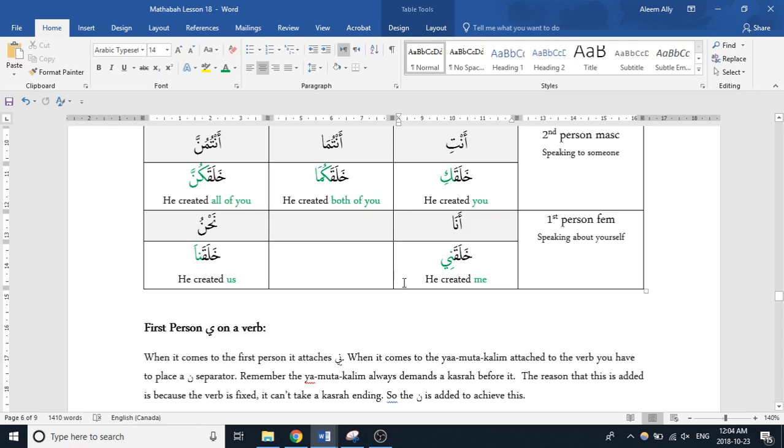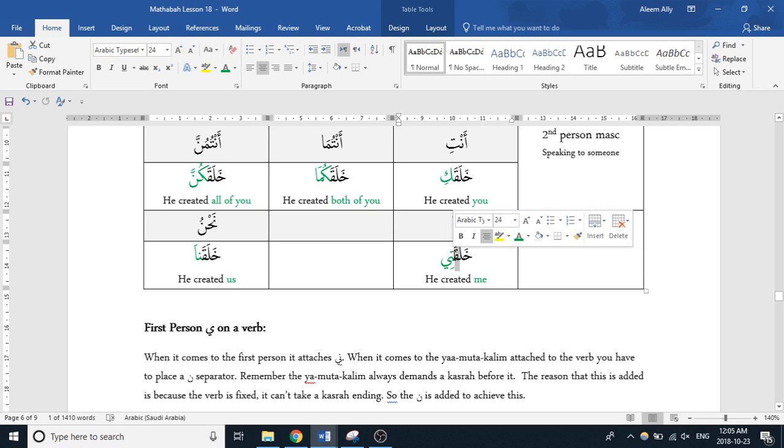That's because when it comes to the ya mutakallim, which is the ya of singularness, it needs to be attached to a letter that takes kasra. So this noon is added in there in order to make this happen, because a verb can't change its last letter to take kasra. It's fixed. When it's in its past tense and the doer is known, it's always going to have the first letter with a fatha and the last letter with a fatha.